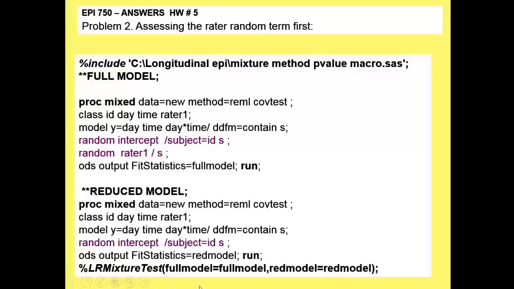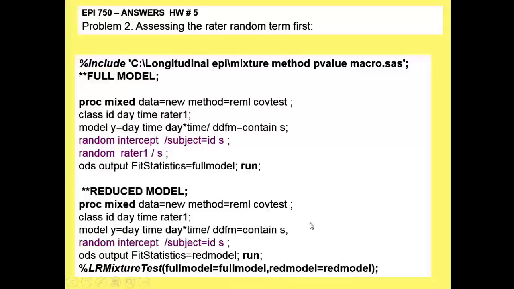Full model, that's what I'm calling it, and reduced model, I'm calling it reduced model. I could call this full model Kevin, reduced model Jake, because they're sitting next to each other, right? But I have to have full model and reduced model on the left side of the equal sign. What I put on the right is up to me.